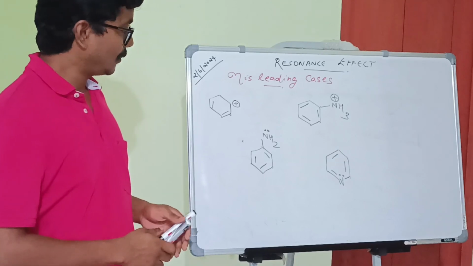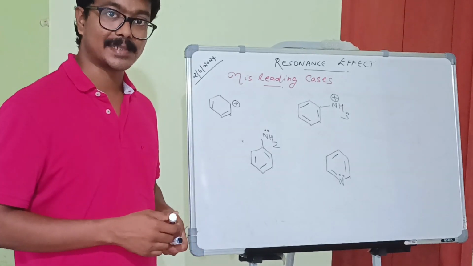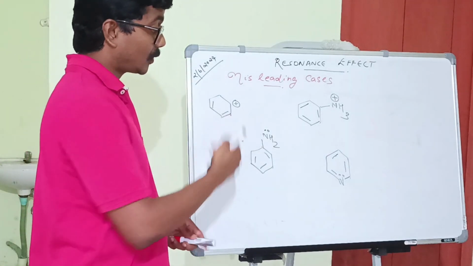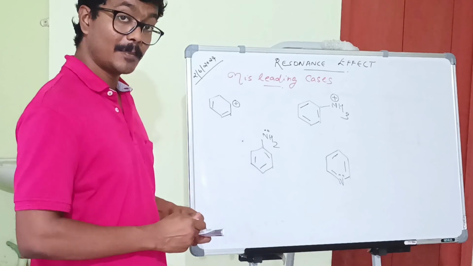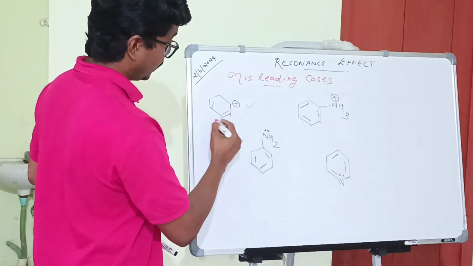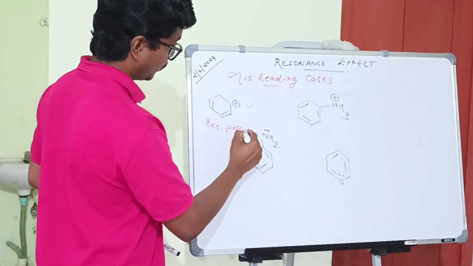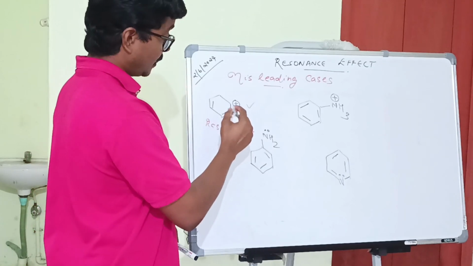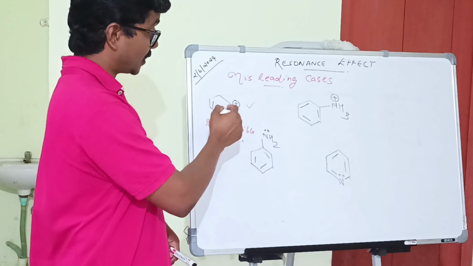Okay, let's move to some misleading cases in the resonance effect. These are some examples that came in previous entrance examinations. Whether resonance is possible in these four structures, let's consider the first one. Is resonance possible? Yes, resonance is possible here, because there is a positive charge, a single bond, and a double bond, with the positive charge in an alternate position.